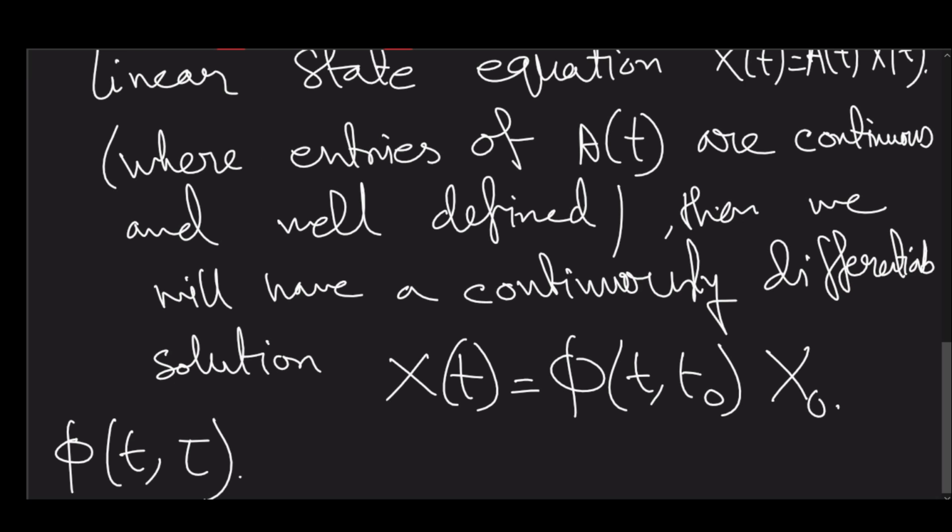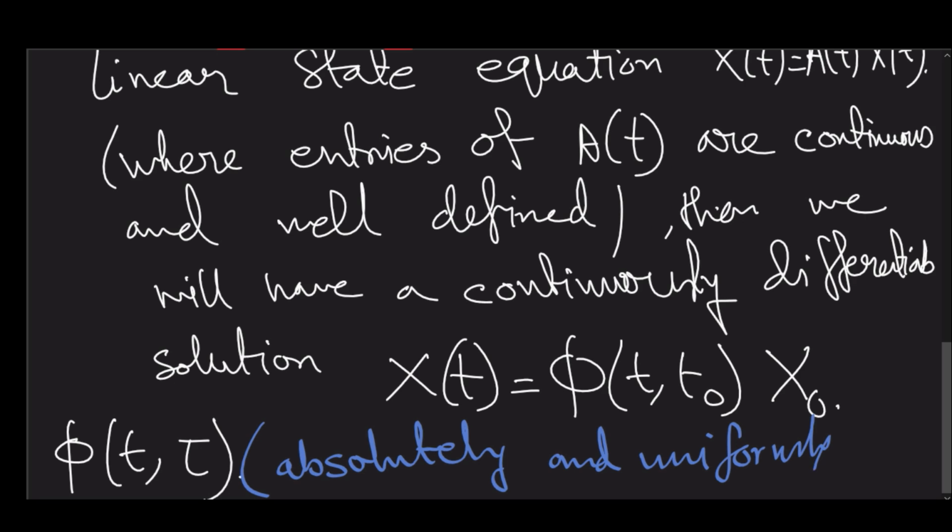This series is absolutely and uniformly convergent for arbitrary values of t and tau belonging to this interval minus T comma T, where T is greater than 0 and arbitrary.